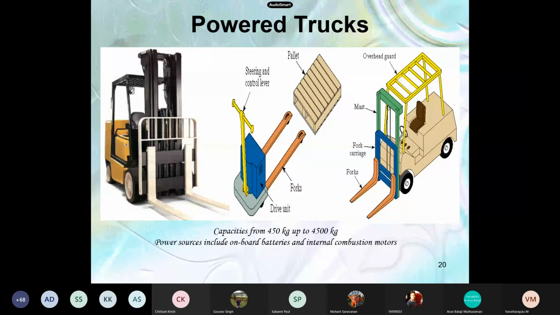It was unable to lift the 2 ton, even though the maximum capacity of the truck was given as 2 ton. What might be wrong with that system? You think and you tell me, on some other occasion, what was the issue and why it didn't lift the 2 tons, even though it has the capacity of 2 ton.